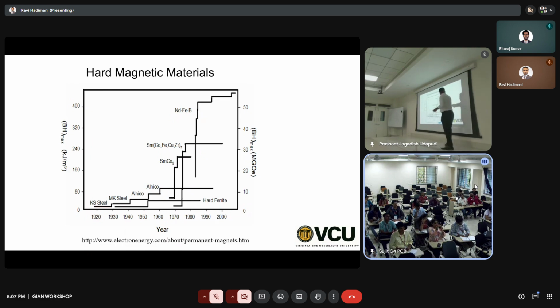The mega-Gauss-Oersted is nothing but N. Normally people sell magnets as N50, N45, N30, right? So that is nothing but the mega-Gauss-Oersted. Mega is 10 to the power 6, Gauss is the B, and Oersted is the field.